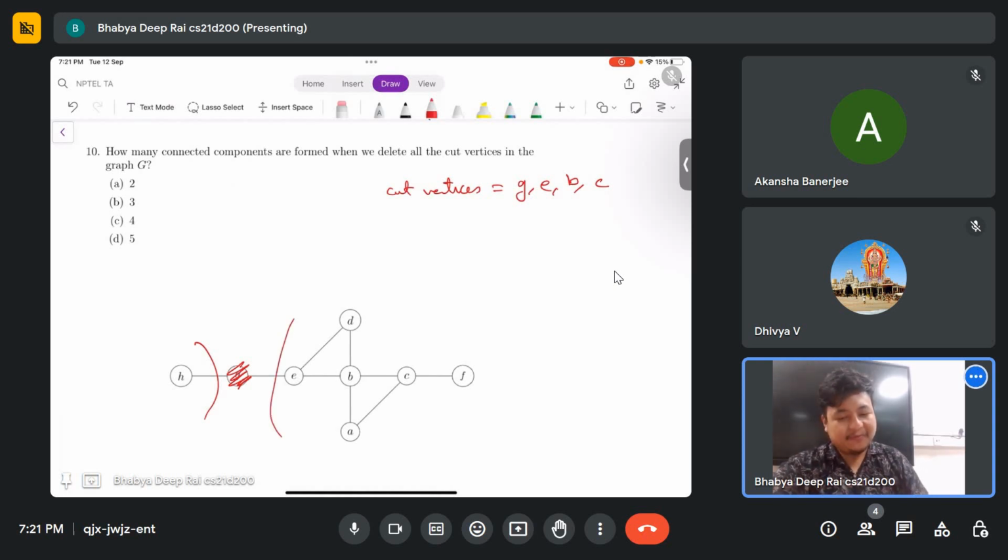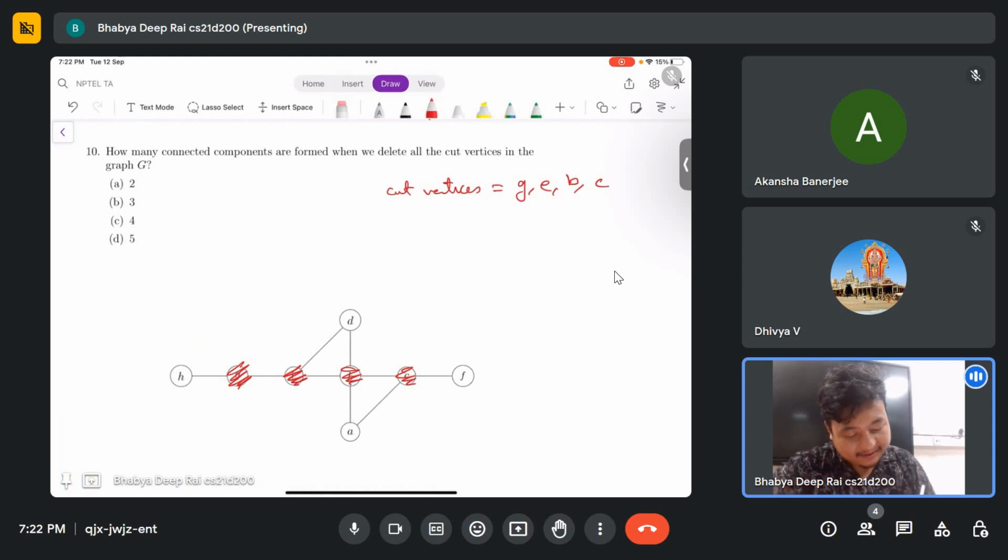But we are not asking the question in this way. We are asking what if we delete them all at once? Let's say we delete E also, and B also, and C also.